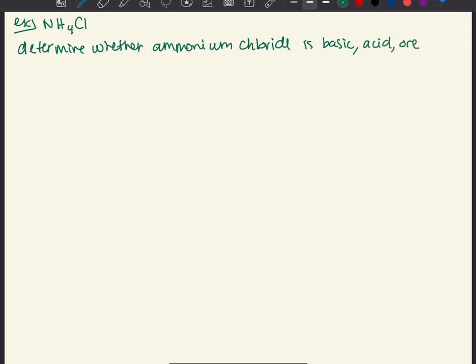So, determine whether ammonium chloride is basic, acidic, or neutral, and calculate the pH of a 0.25 molar ammonium chloride solution.